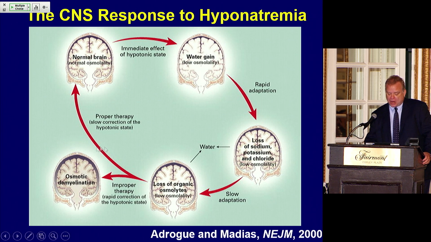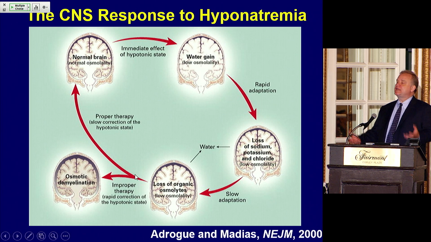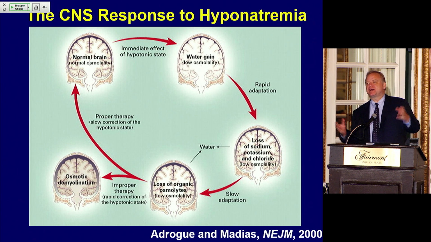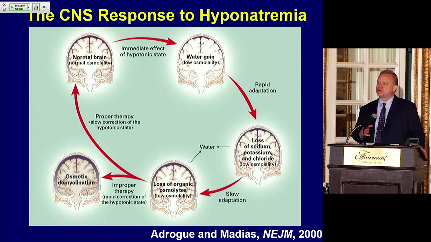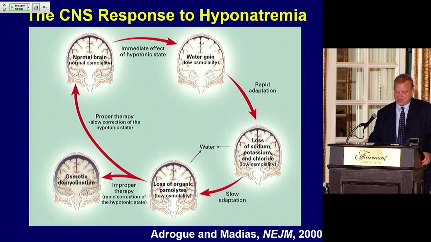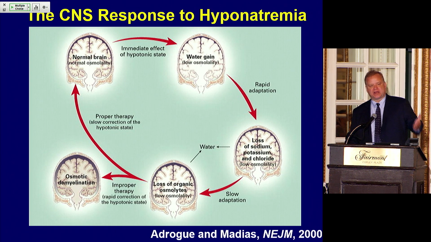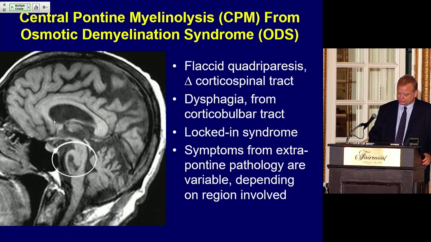The key problem is that the reinduction and the reuptake of those organic osmolytes is much slower than the initial response where you reduce them. So if you have an improper therapy and you rapidly correct the hypotonic state, you'll get osmotic demyelination. However, if you slowly allow the sodium to return to normal, you'll get an increase in those intracellular osmolytes and you won't get into trouble.